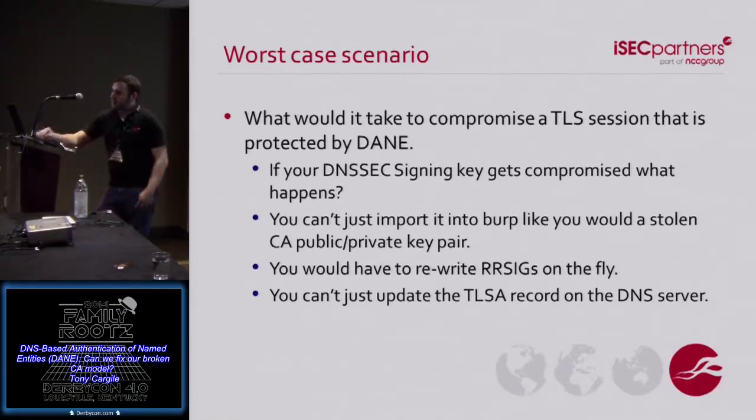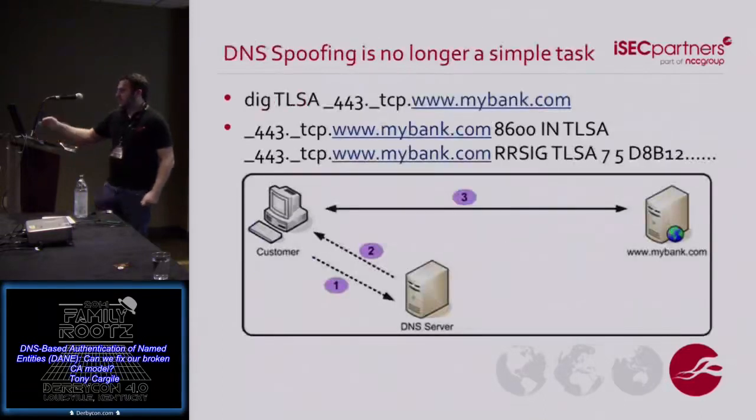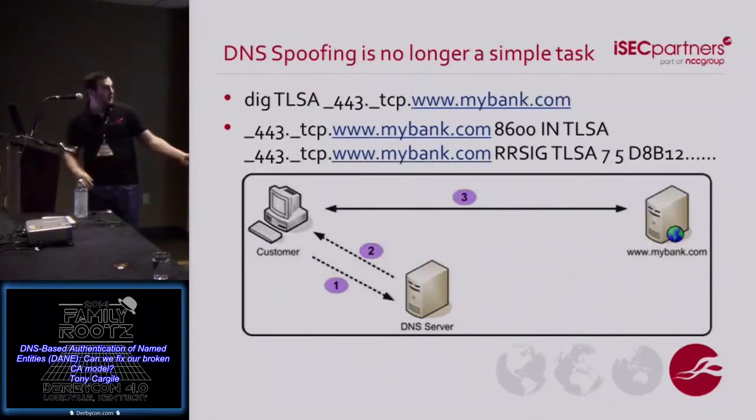But what they could do is sit in between a normal client-to-server connection. If he's got the private key, whenever this TLSA query comes back with that response, he could modify it with the hash of his own certificate and update the RRSIG, because he's got that private key.